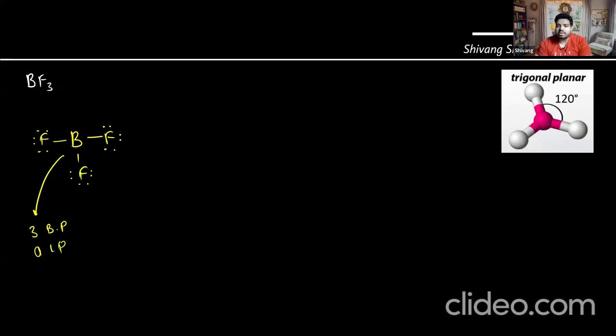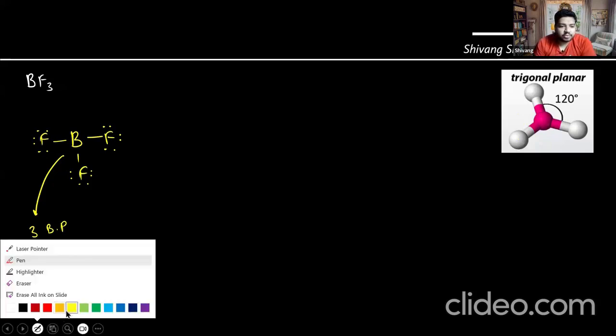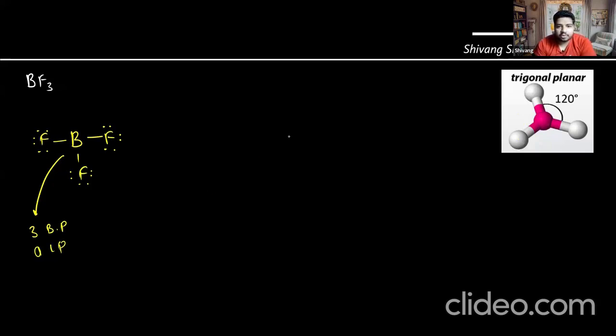As we are looking at the picture, this is the shape it is going to acquire. 120-degree angles from each side. So we are going to have this boron in the middle, fluorine, fluorine, and fluorine. Every angle is 120 degrees.